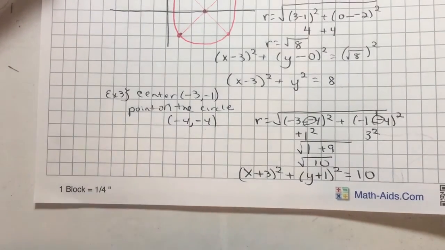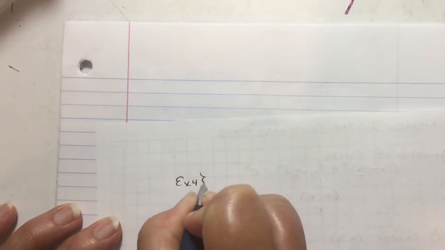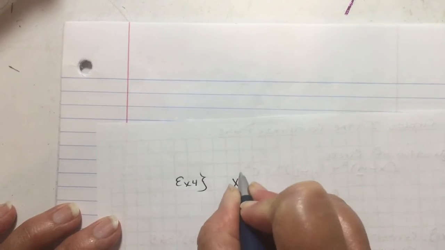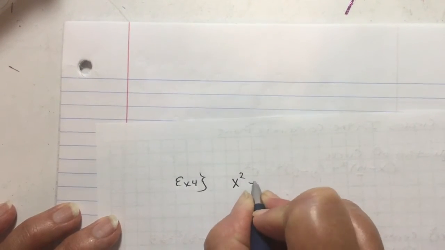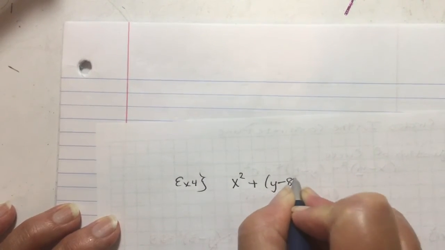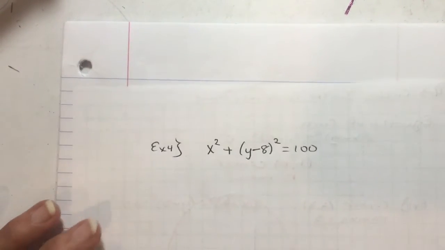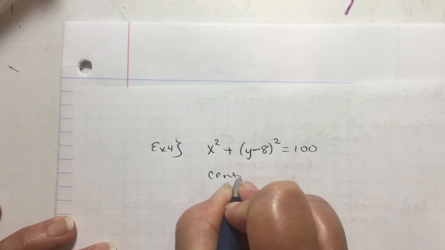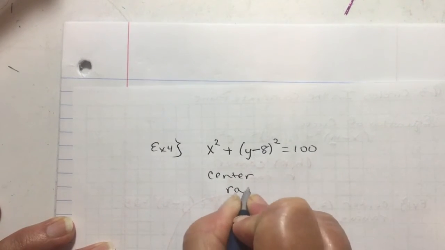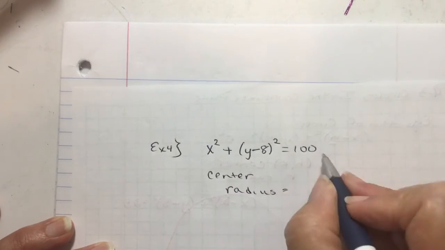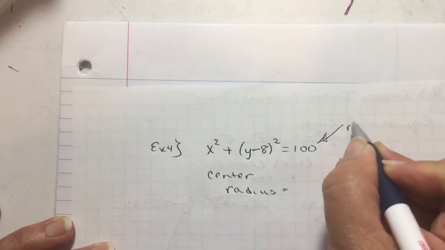You know, I'm thinking I should go back and do one more with you. Let's look at one more. We don't need a graph. For example 4, if I give you an equation of x² + (y − 8)² = 100, from there, you should be able to pick out what the center is and what the radius is. So remember, this is the radius squared.